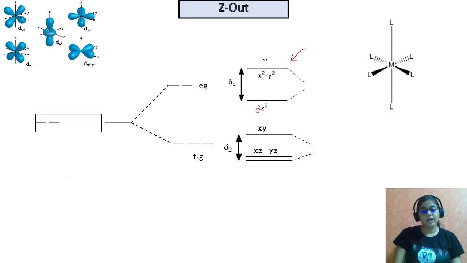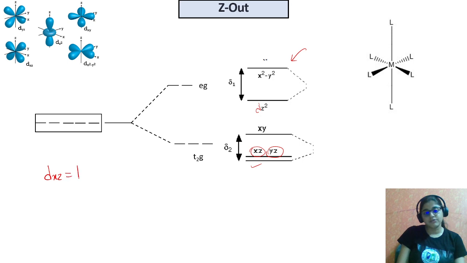In the same way as dz square has less energy, the orbitals which have z, dxz and dyz, will have less energy and will be more stabilized. So the order of energy will be dxz equal to dyz greater than dxy.